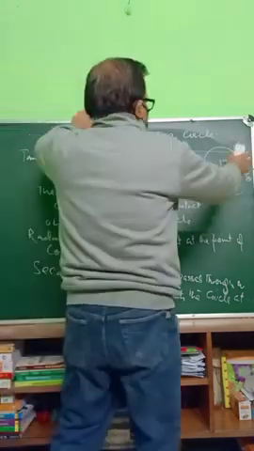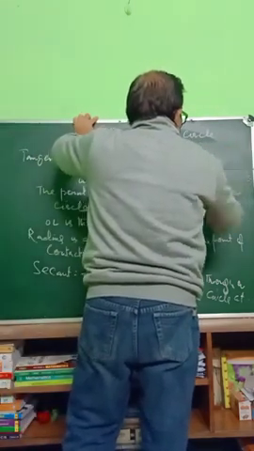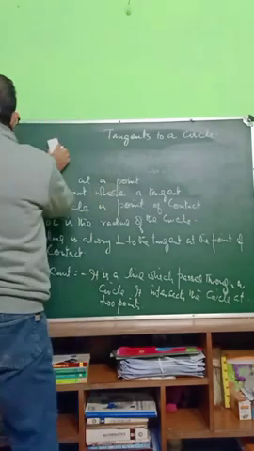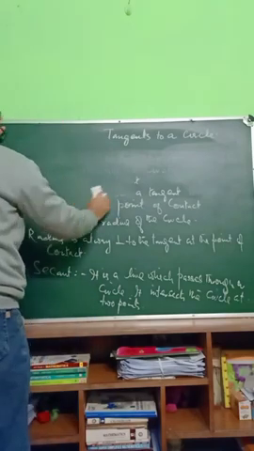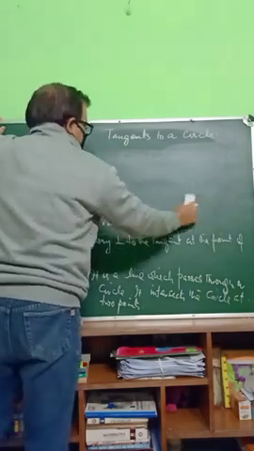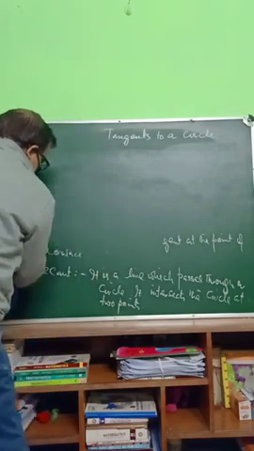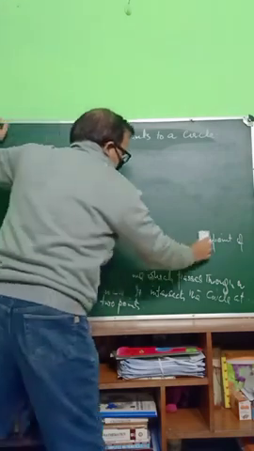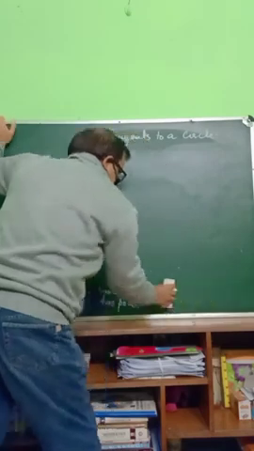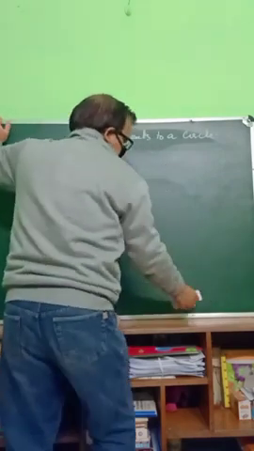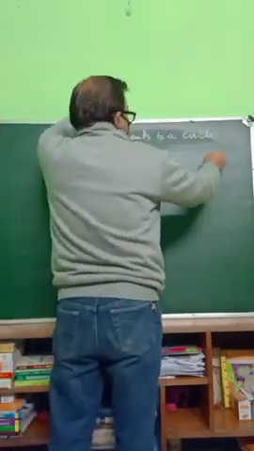Now there is a theorem related to the tangent. Prove that the radius is always perpendicular to the tangent at the point of contact, or a tangent is perpendicular to the radius at the point of contact. Here it is.